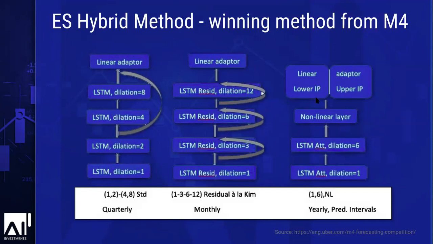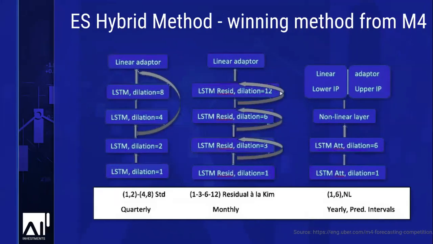And also we have two linear adapters at the output of the network for the different frequencies of the time series. A different architecture was used for the different frequencies of the data: monthly, quarterly, yearly, and so on. And how are we using that?